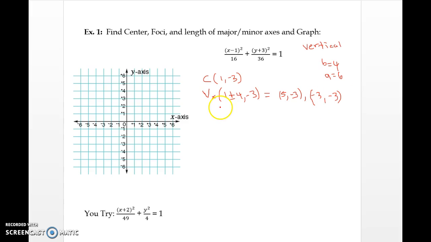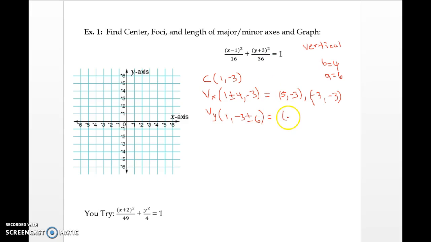For our major vertices, or our V sub Y as I'm going to call them, we're going to add and subtract the Y part, the A, to the Y part. So we're going to say 1, -3 plus or minus 6. Again, making sure that you're using the square root and not the actual number that is given.